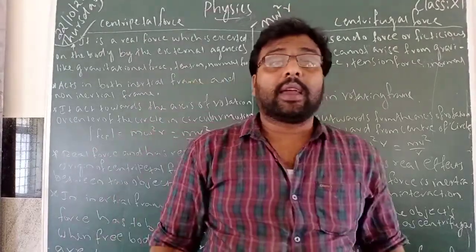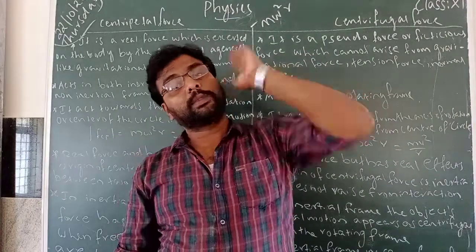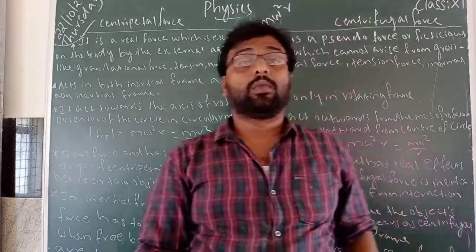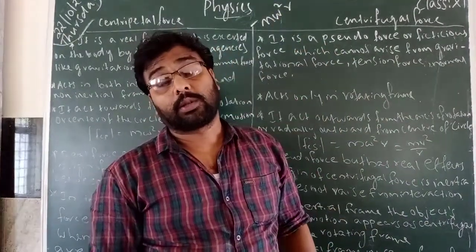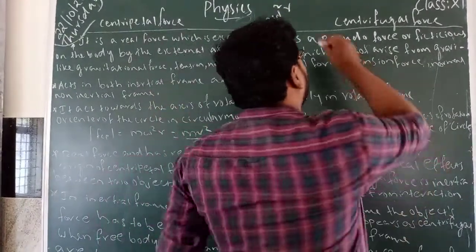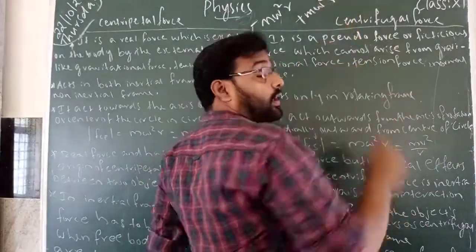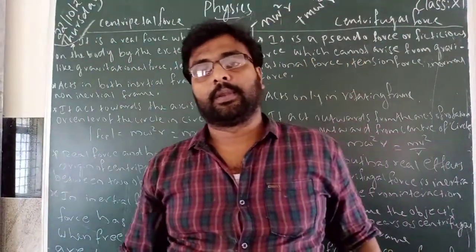At the same time, there must be an opposite force. This is the centripetal force, minus m omega square r. There must be an opposite, plus m omega square r, which is acting outward.